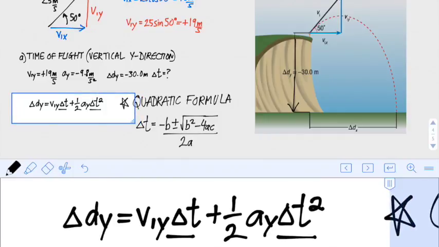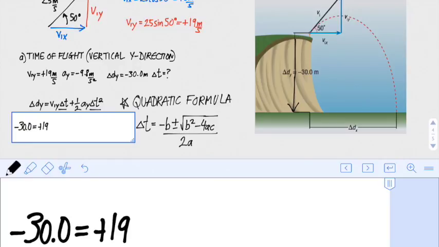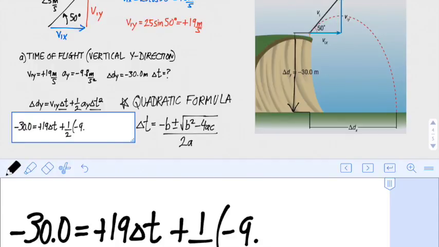So we have to prepare this equation, sub in what we know, and rearrange it so that we get our coefficients a, b, and c. Let's do that now. Negative 30.0, and I'm going to omit the units just to keep this simple, equals 19 delta t plus 1/2 negative 9.8 delta t squared.